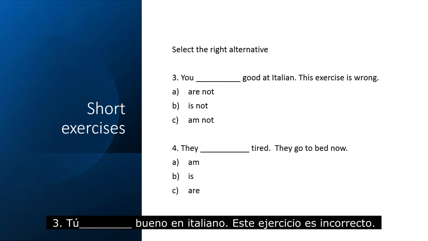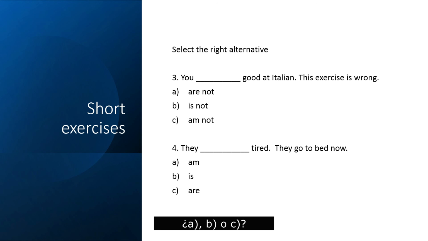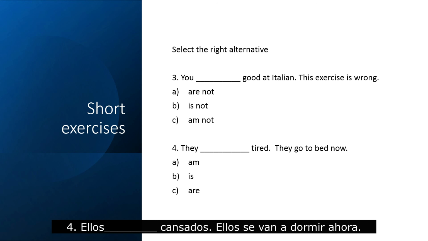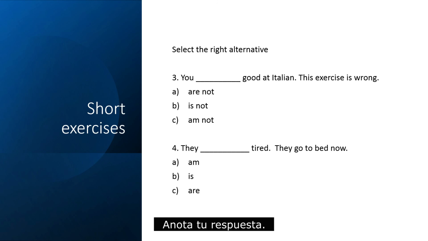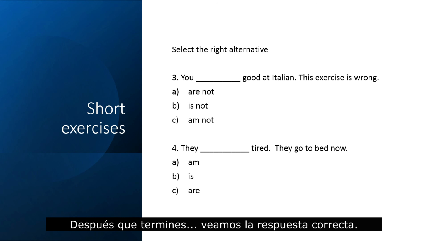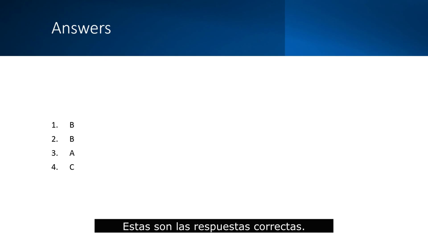Number 3, you, blank, good at Italian. This exercise is wrong. A, B, or C? Number 4, they, blank, tired. They go to bed now. A, B, or C? Write down your answer. After you finish, let's see the right answer. These are the correct answers.